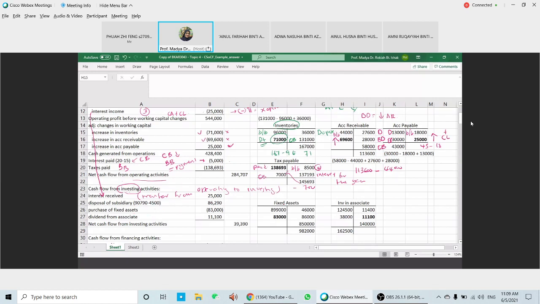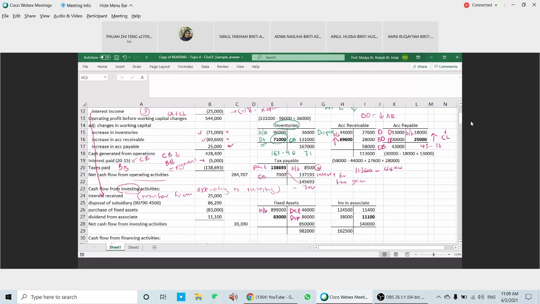Okay, we look at your fixed asset. Fixed asset has a beginning balance, the debit side. Beginning balance here is a debit side. Okay, and then 46 here is from the disposals. Disposals of 86 is from disposal. Okay, 46 here is from your depreciation.